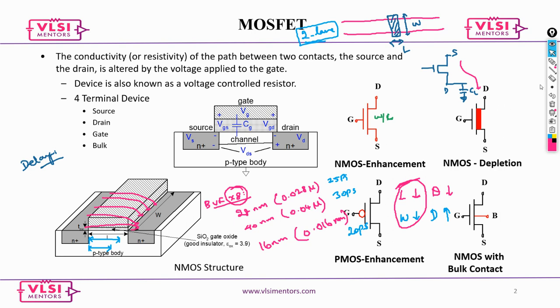Now let's continue on the W and L. We learned that when your L reduces, the delay decreases. This is on the advantage side. That is why we keep trying to target the new technology and take the benefit of more performance.